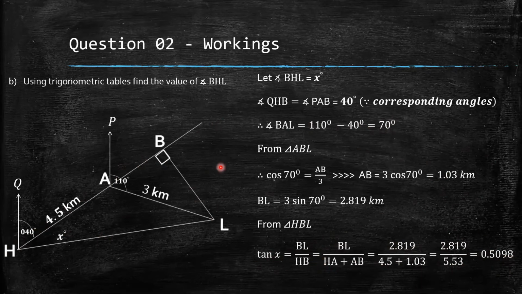Right. So now you know tan X is equal to 0.5098. Now you need to find the cotangent of this angle, the inverse of tan, to find the magnitude of the angle. So let's move back to the tables.